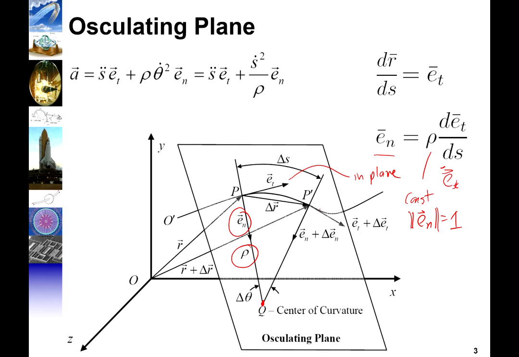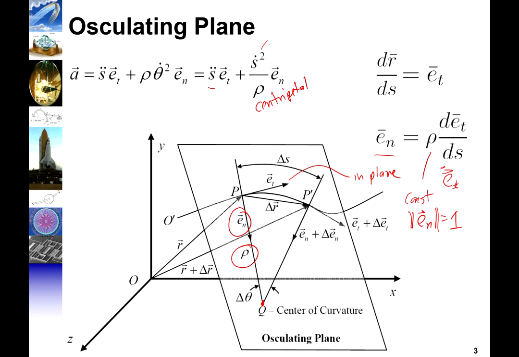So, putting all of that together, we get two terms. We get the acceleration along the path. This is the speed squared over the radius of curvature. This term here is sometimes called the centripetal acceleration, and it has to do with the speed and the radius that we're traveling on.